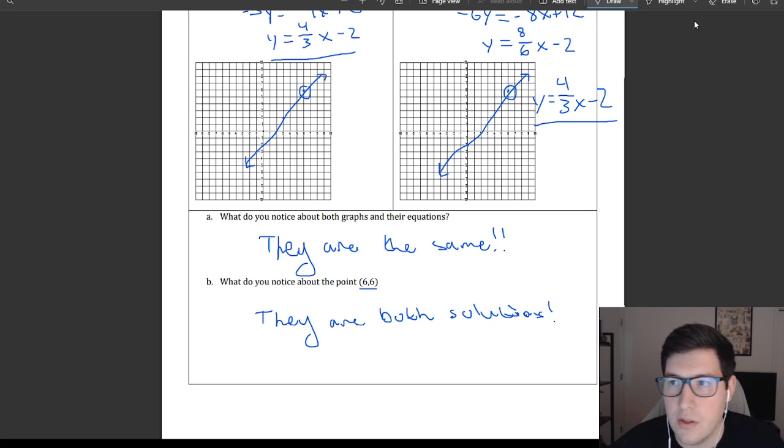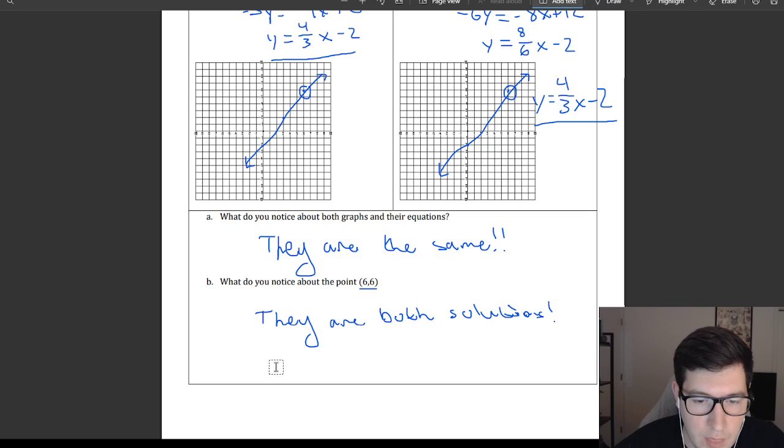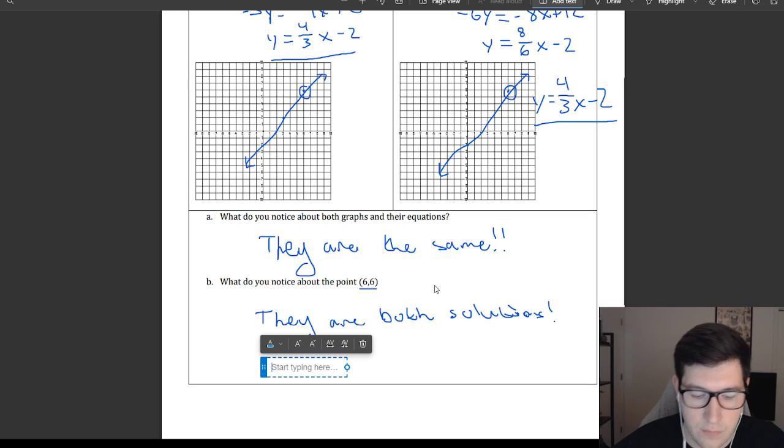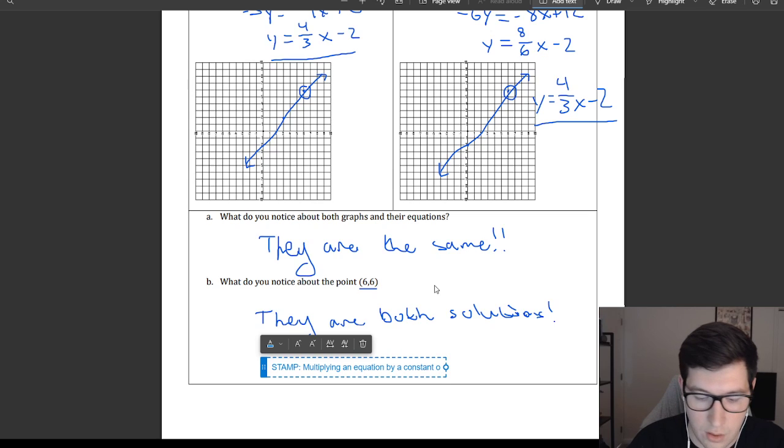All right, so underneath this, we really want to make that stamp. Make it special, star it, whatever you have to do to really make this stand out. And we're going to stamp here that multiplying an equation by a constant on both sides. Remember, whatever we have to do to one, we have to do to the other.